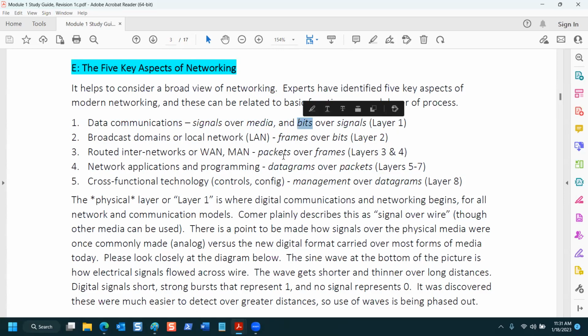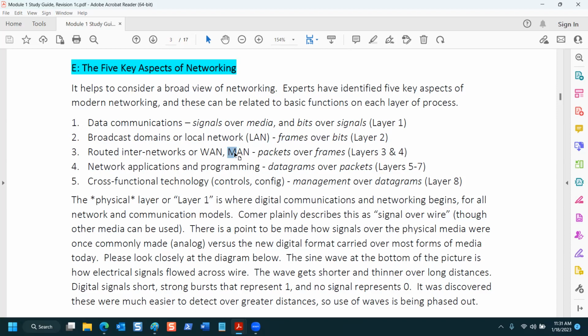And we call that a packet. The packet identifies whether something is local or if it goes outside to the wide area network or metropolitan area network. Now, a wide area network would be 2 or more local networks connected.